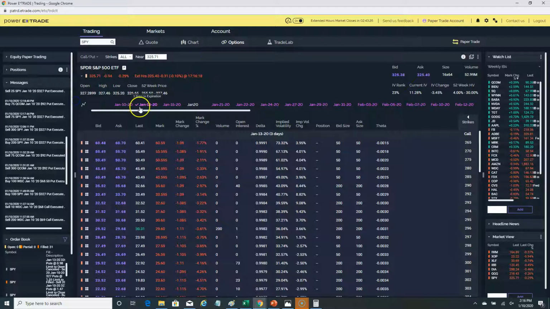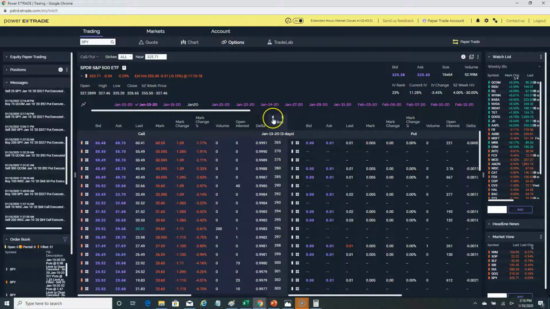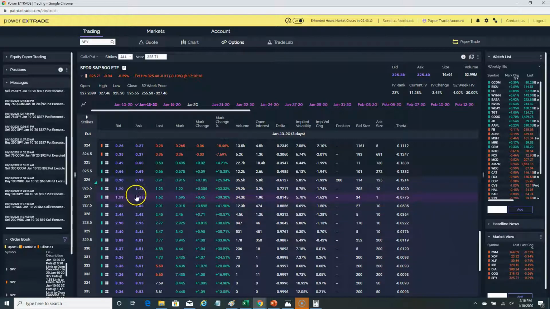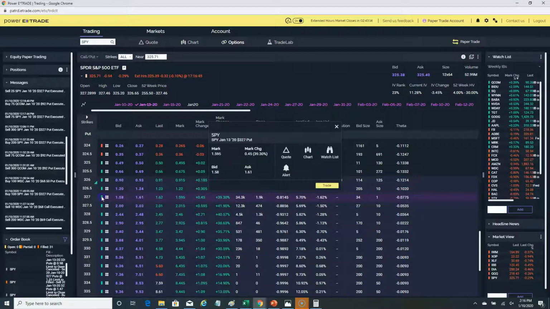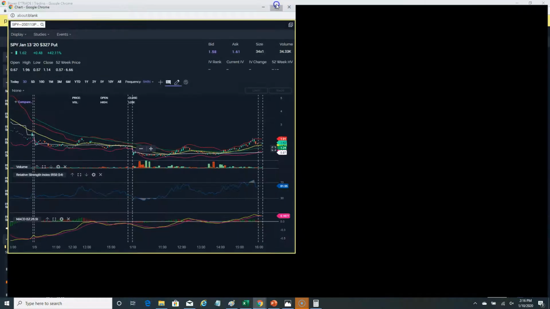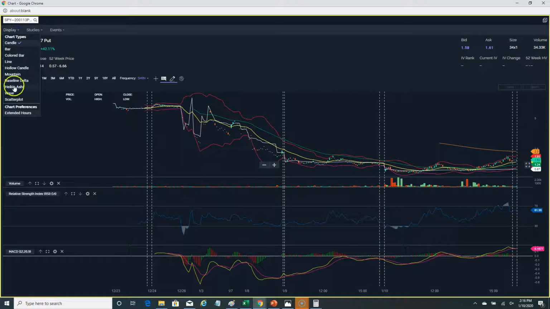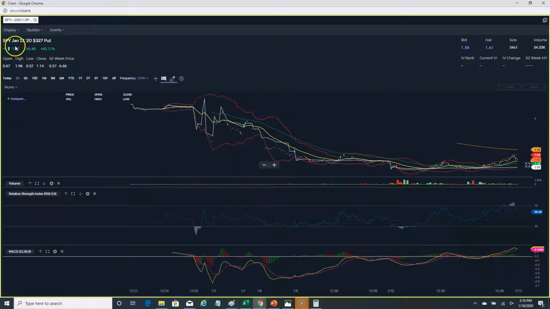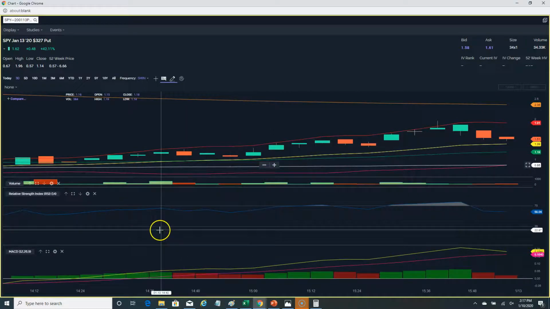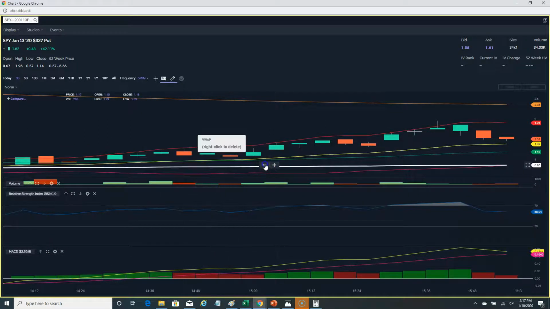So Monday expiration here is this one. We're talking about puts. Let's say we take the same strike, 327 puts for Monday. In order for me to bring that up, this is it, and then I'll open the chart here. All we're going to do is read the variation of this option, which has not expired yet. This option will expire on Monday, so we want to see its value between 150 on this chart and the close.